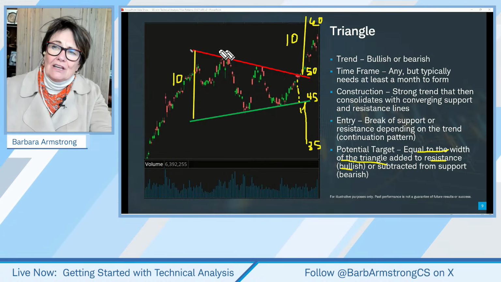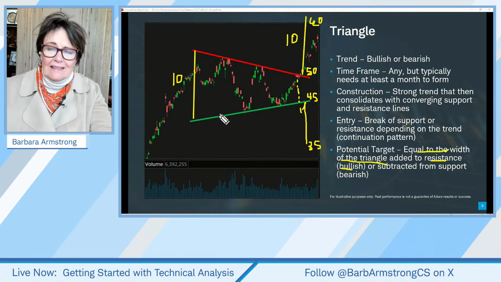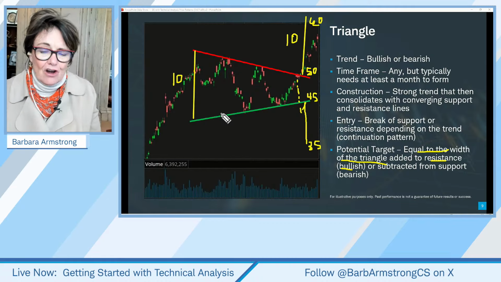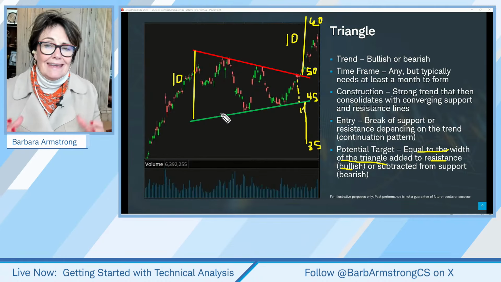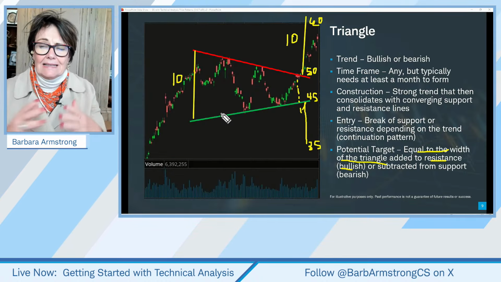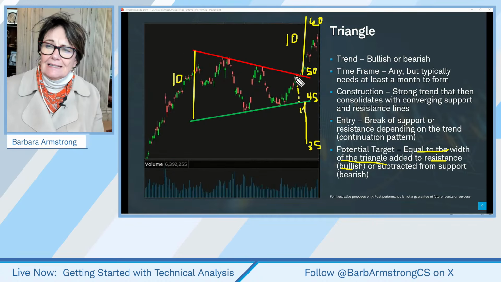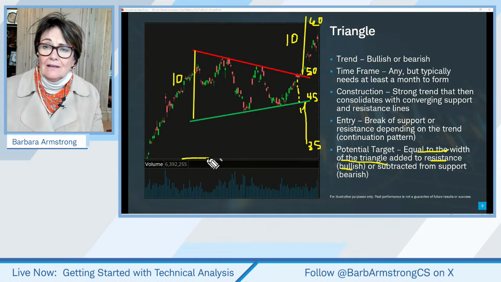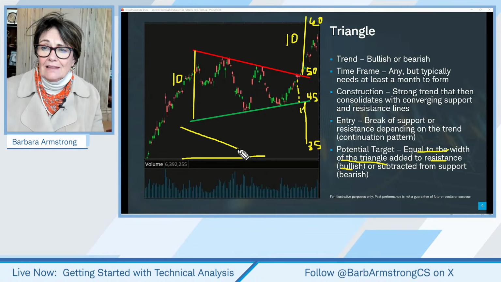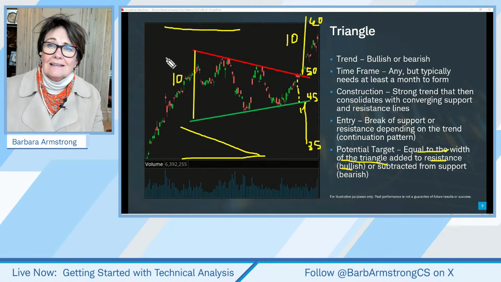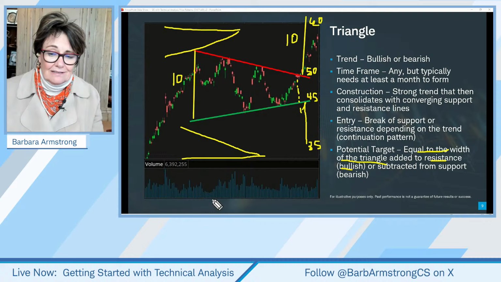These can look different ways, and they can say, well, this is an ascending triangle or a descending triangle. But the net of it is, when we look at this pattern, what we are looking to see is a series of lower highs and higher lows, or it could even be similar lows and lower highs, or similar highs and higher lows.